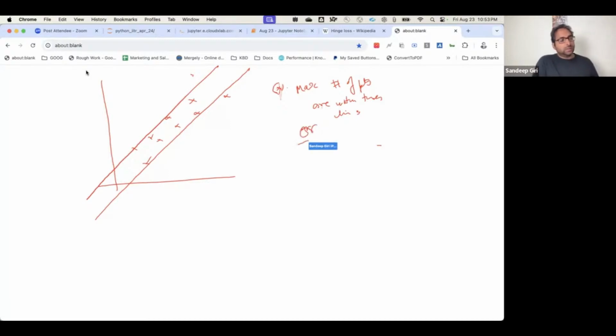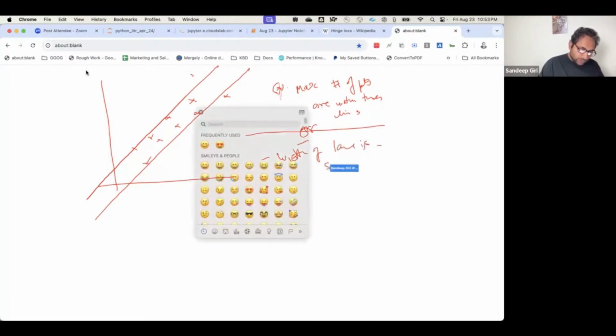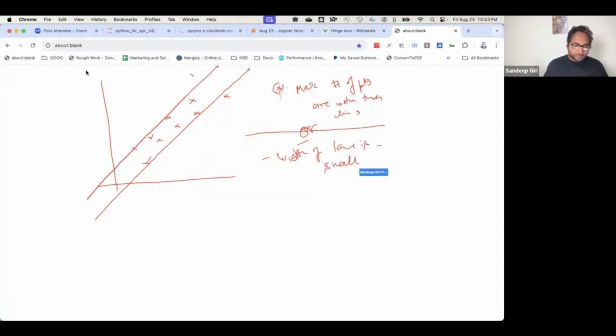Or you can put it the other way: the width of the street or the lane is small. That is my first objective.